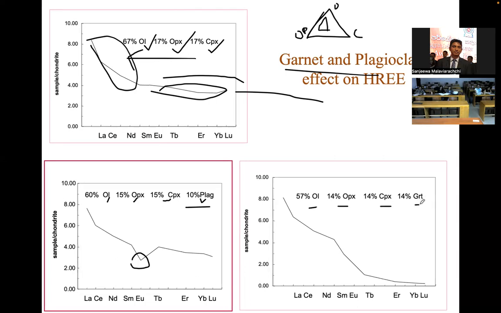As soon as garnet appeared, what happens to this slight depletion? It goes down steeply and reflects a pattern like this. Not only there, even starting from the middle rare earth elements.